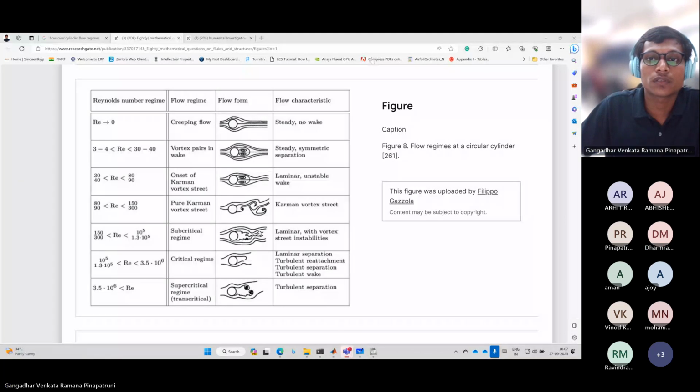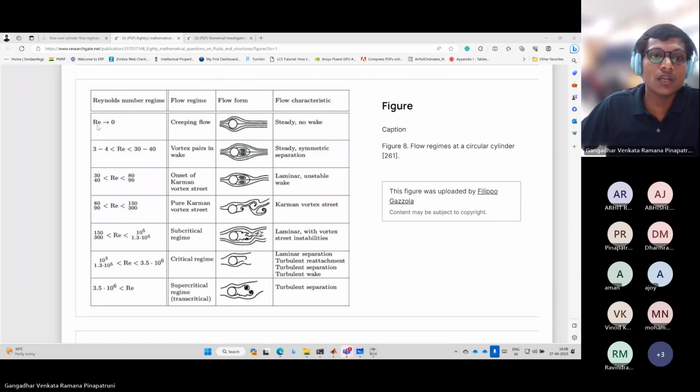Okay, clear all animations. Let me come out of this. Now? Yes, sir, it's visible now. Okay, so just have a look at this.